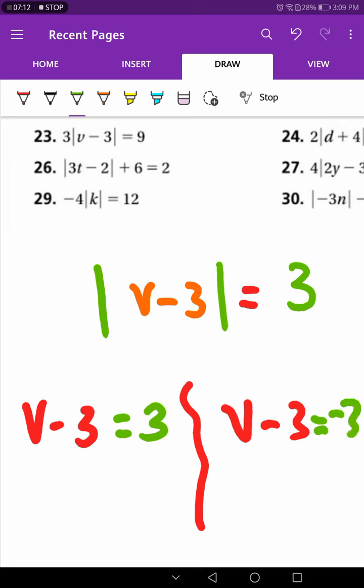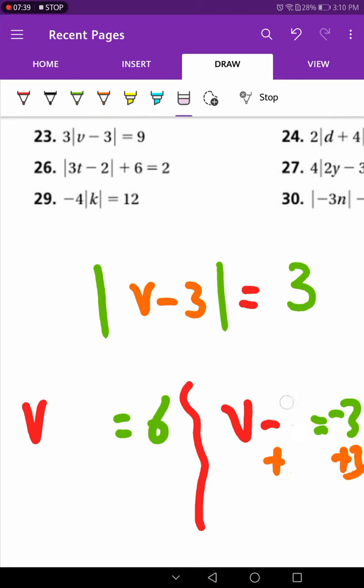Now negative 3, I add 3 here, so this will be v alone. This side will only have v alone, and here you add 3 also.